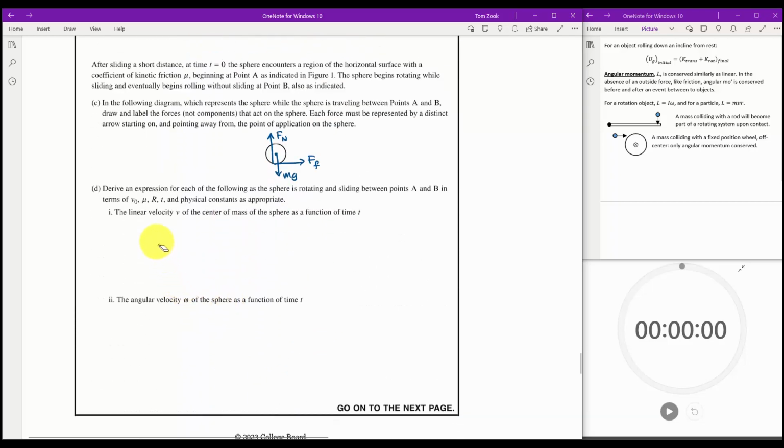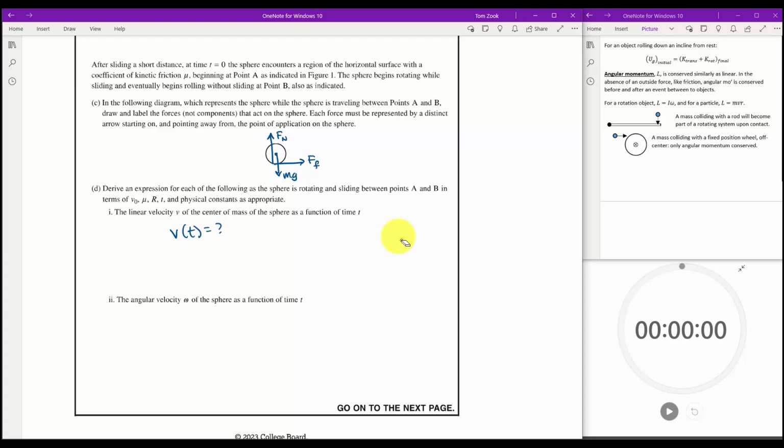So part D, derive an expression for each of the following for the sphere rotating and sliding between points A and B in terms of those things. The linear velocity V of the center of mass of the sphere as a function of time. So it's sliding and rolling. So, I mean, it's going to be sliding, so it's got kinetic friction acting on it. They want to know the velocity as a function of time.